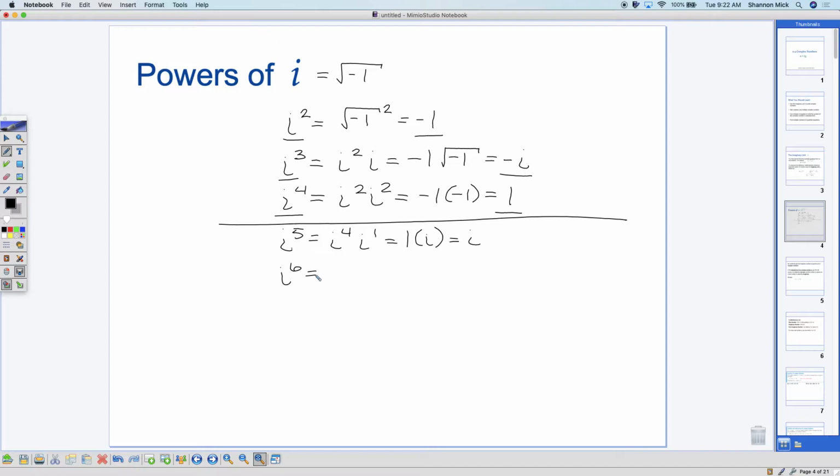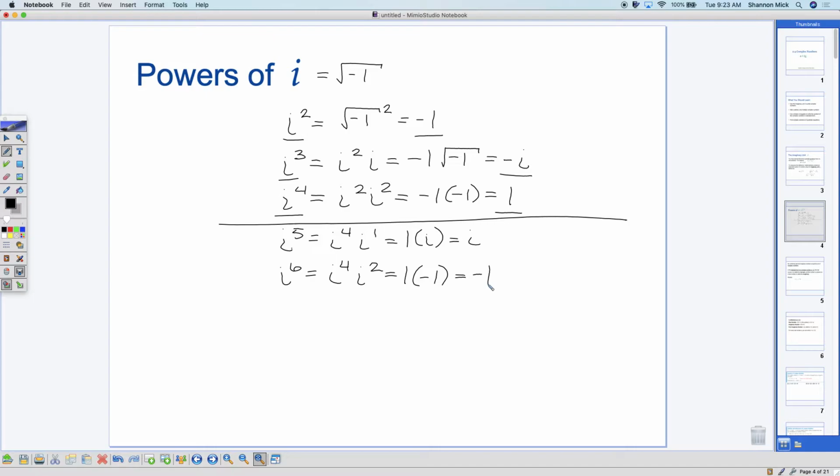So i to the 6th would be i to the 4th times i to the 2nd. i to the 4th is 1, and i to the 2nd is negative 1. I thought we were multiplying the exponents, 4 times 2. No, we're adding, never mind.